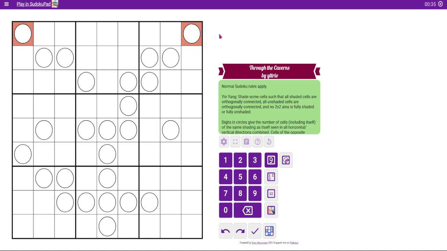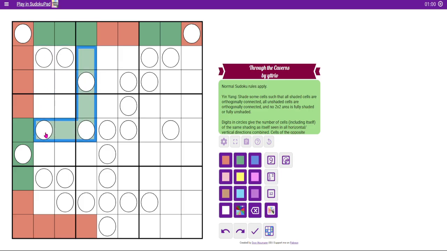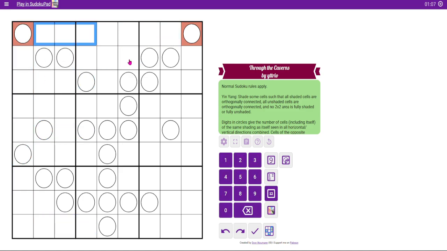Now there's this special little thing about yin-yangs, which is we cannot make small sections of shaded and unshaded cells so that they're broken up into parts, because there's no way we can connect these green ones to the green ones down here while also having this red one go over to all of the remaining red ones.